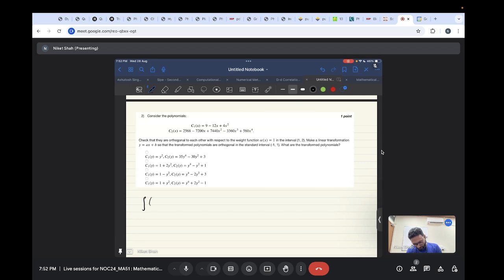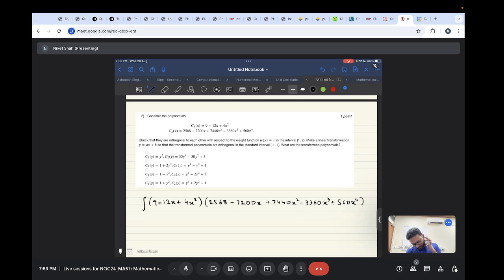Integral of 9 minus 12x plus 4x square multiplied by 2568 minus 7200x plus 7440x square minus 3360x cube plus 560 x power 4.